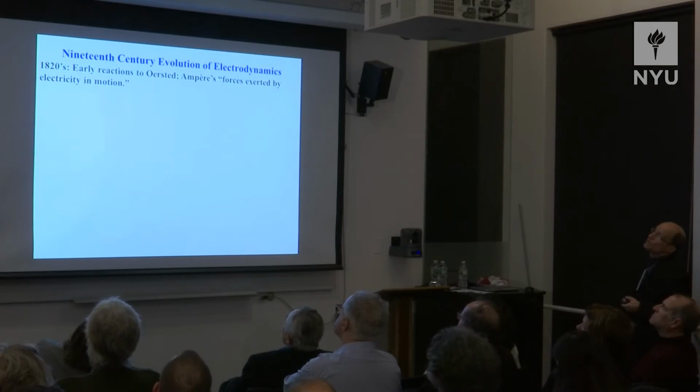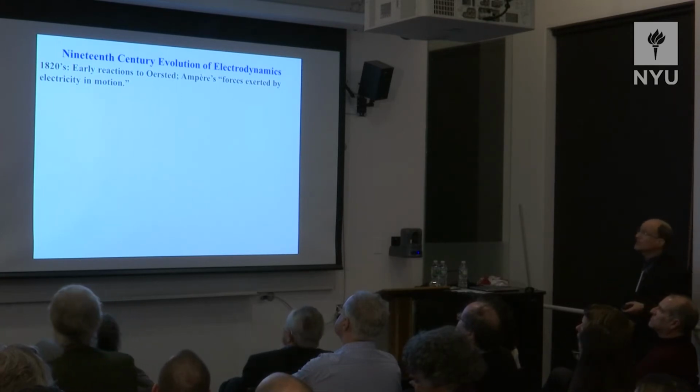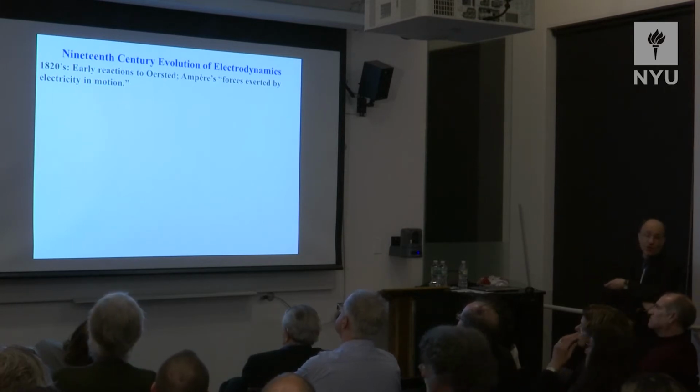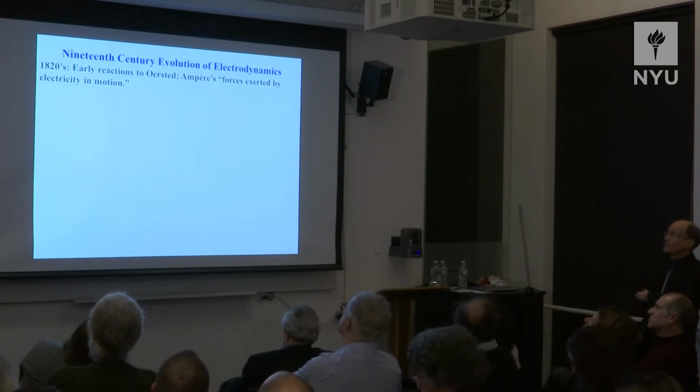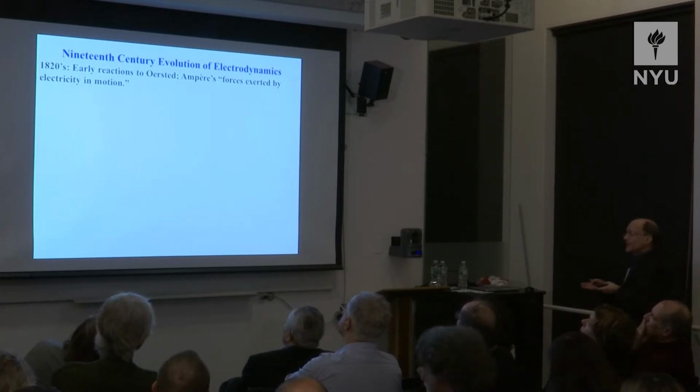So let's now look briefly at the development of electrodynamics in the 19th century. In the 1820s, we have early reactions to Ørsted, especially Ampère, who gave a more detailed law for the creation of the magnetic field by a steady current. And Ampère talked about forces exerted by electricity in motion.